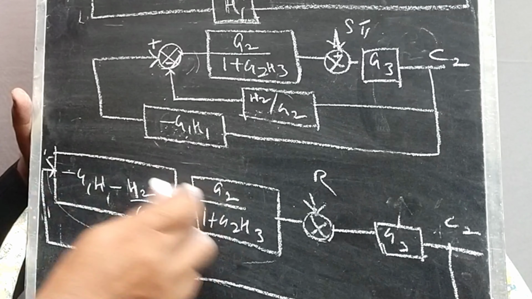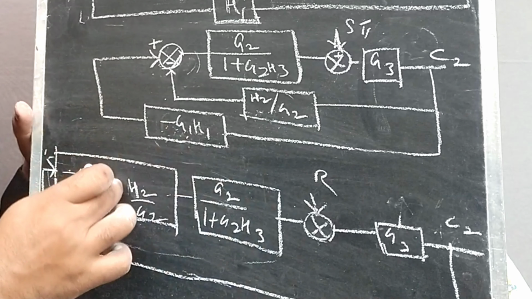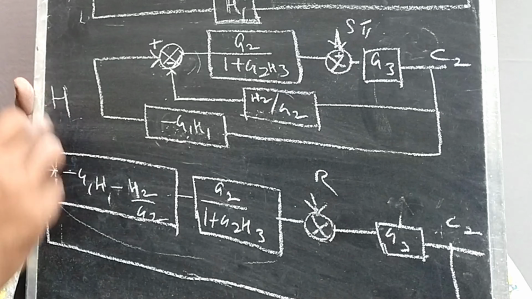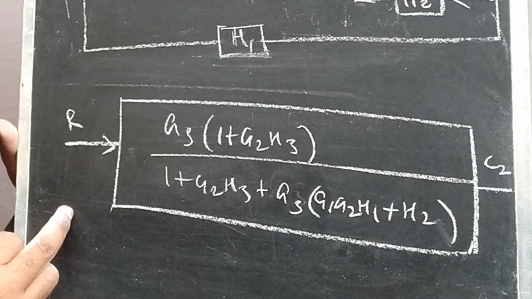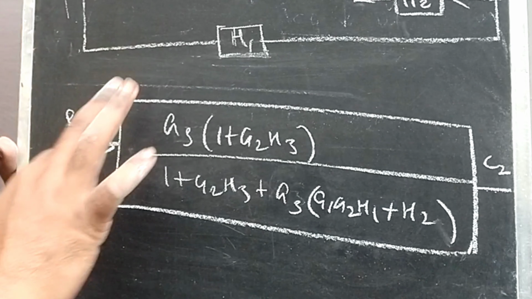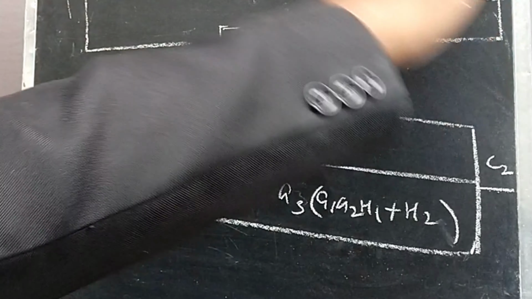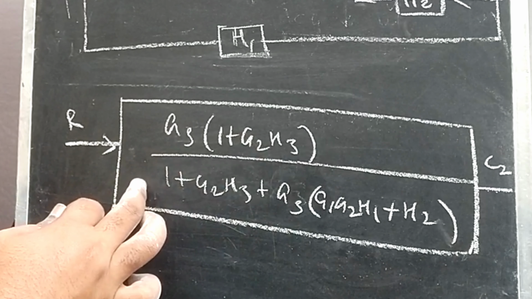So this term and this term are in cascade connection. You need to multiply these, and the whole block is considered as the feedback block, considered as H. Then you remove this particular feedback path, that is H, and this particular G2. This is what we got. Once you remove that feedback path, we get the block reduced like this. So the whole blocks, summing point and branch point are reduced into a single block by applying the block diagram reduction rules.